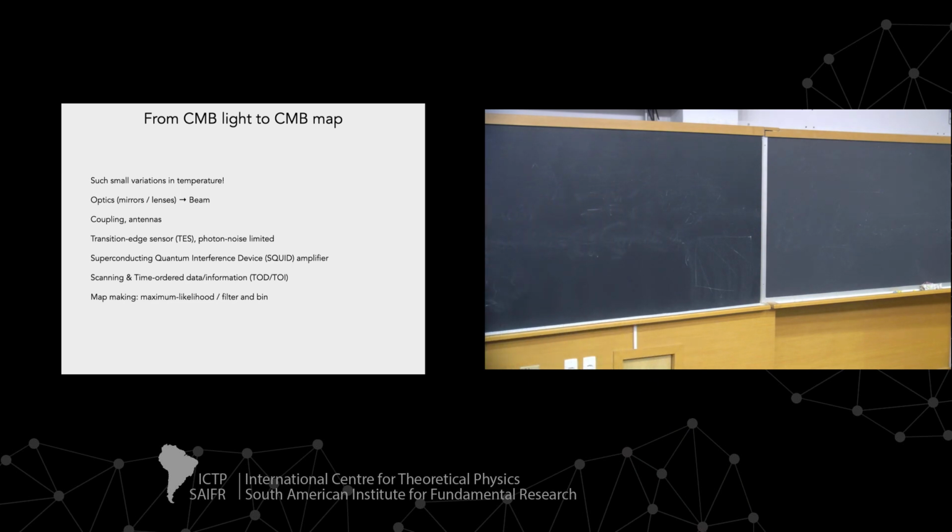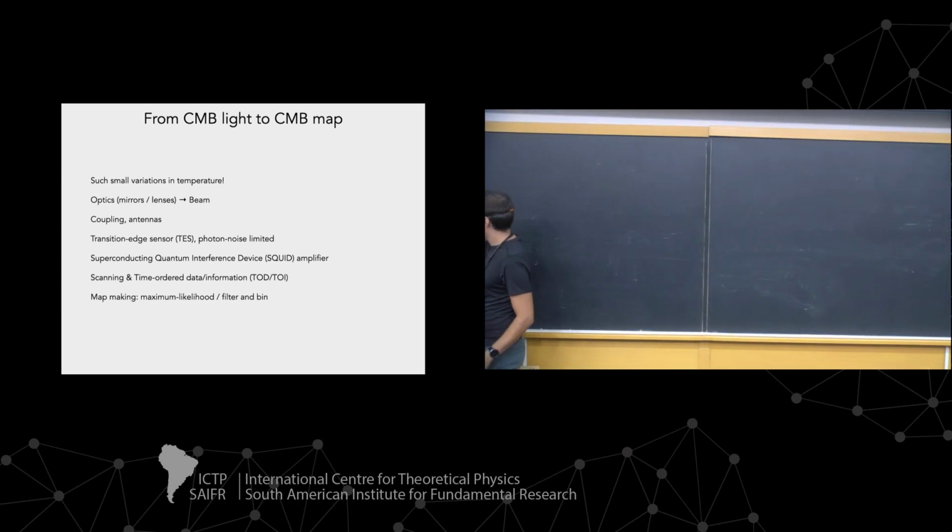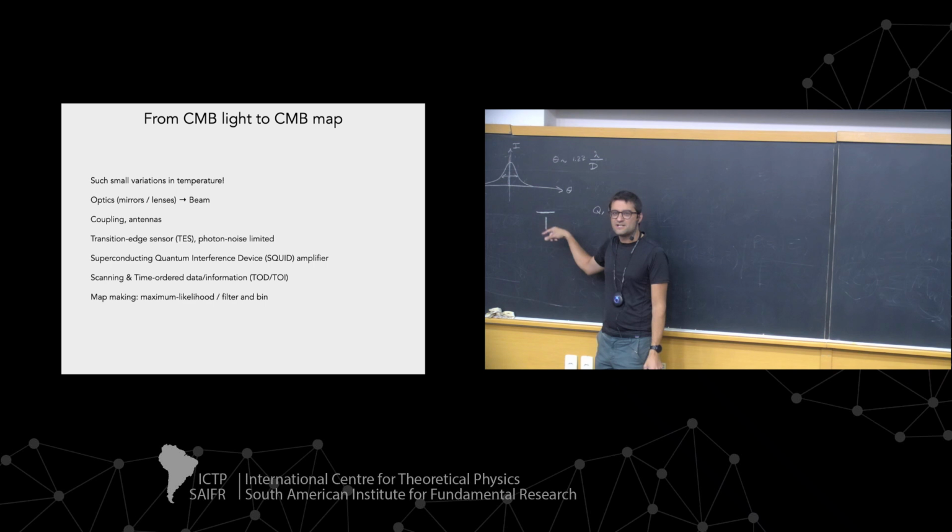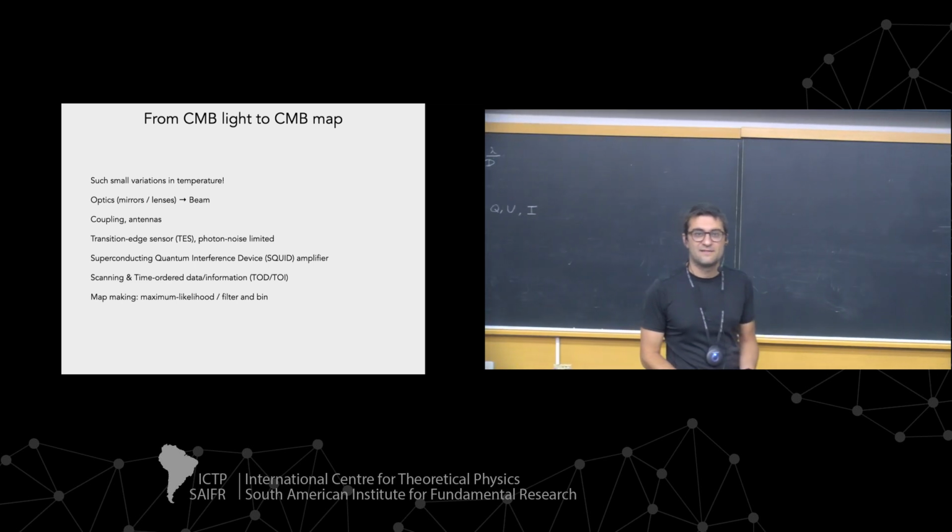Now, you had that light from the CMB that reached this antenna and made the electrons oscillate, changed the voltage in that antenna. How do you measure this? And the way this is typically done is by coupling this antenna with basically a very sensitive thermometer.